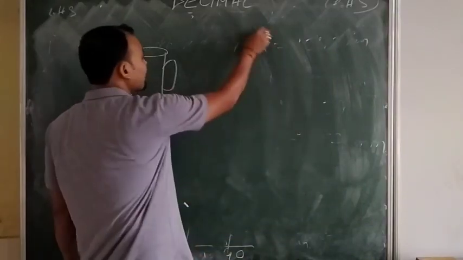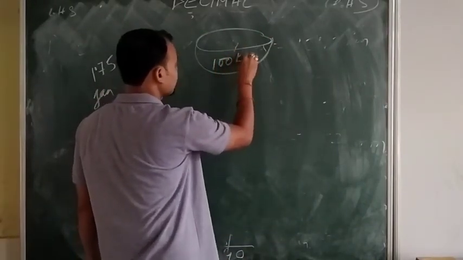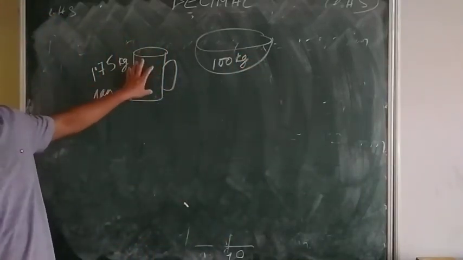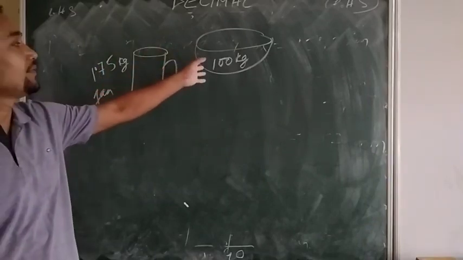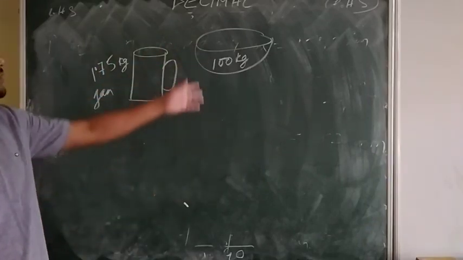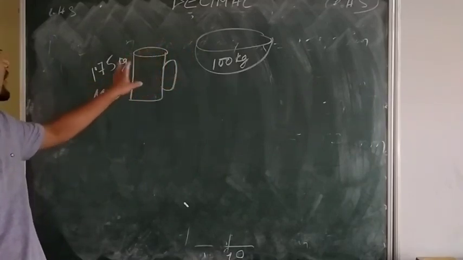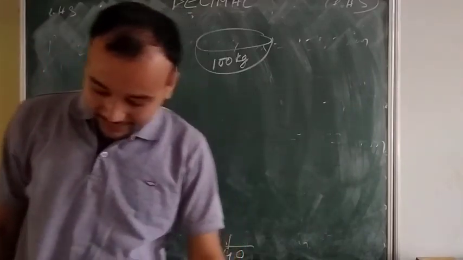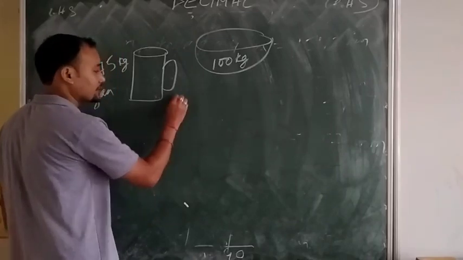I got a bigger vessel. It is holding 100 kg of jam. How many such jars will be required to have all the jars filled with the jam? Fine. You simply divide this. Number of jars, the unitary method.